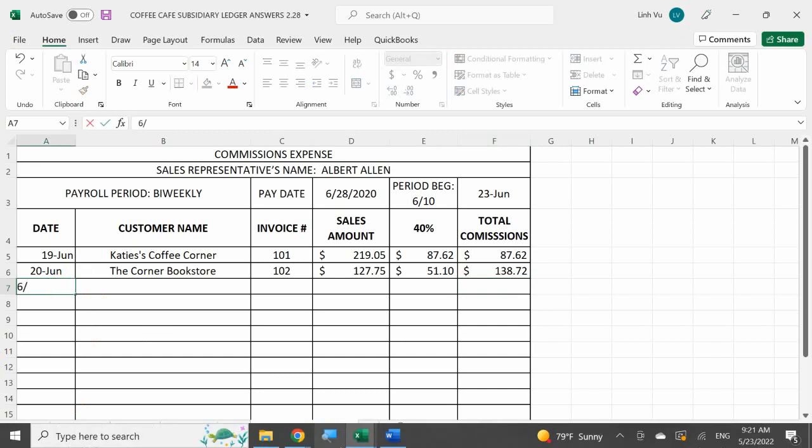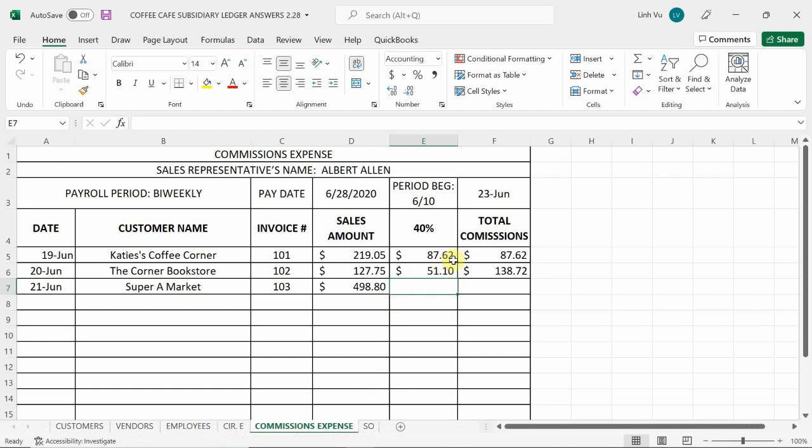So today is the 21st. We sold to Super A Market, invoice number 103, for a total of $498.80. So what is 40% of $498.80? 40% is 0.4.